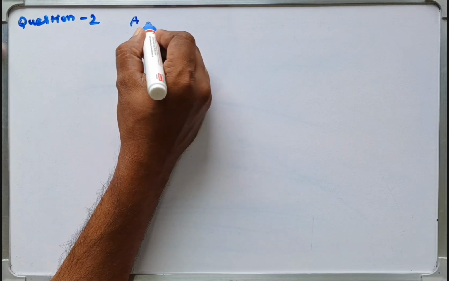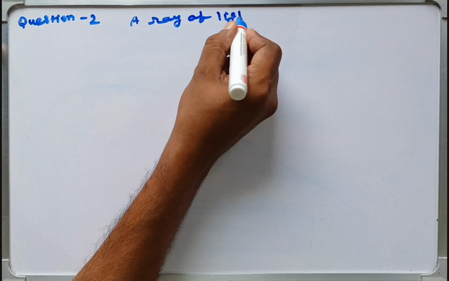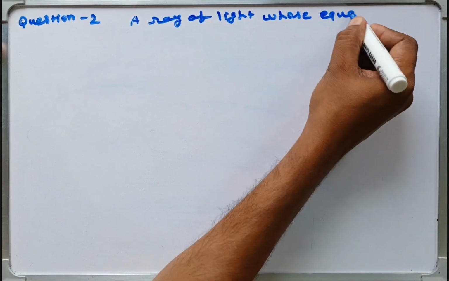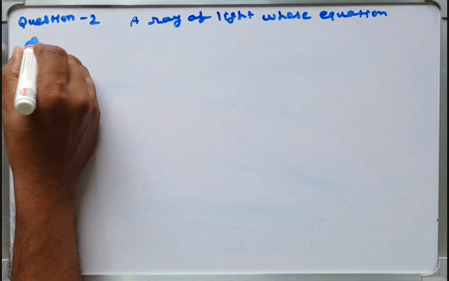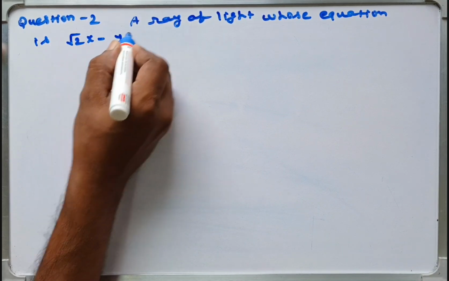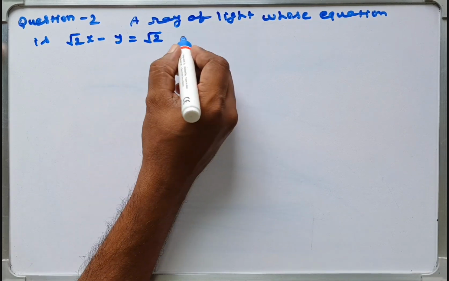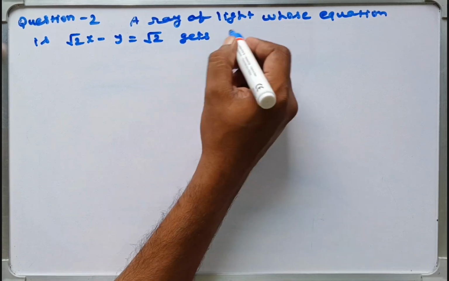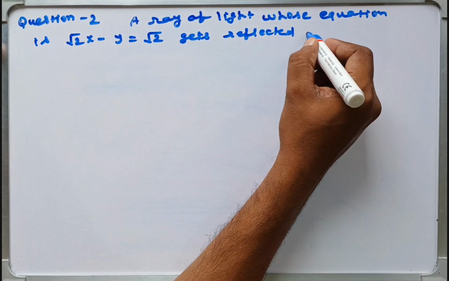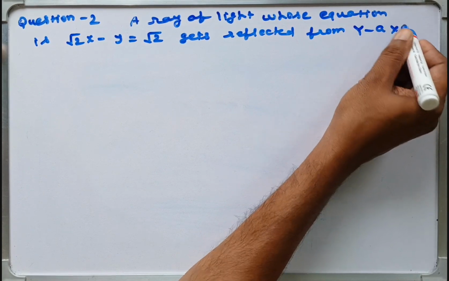A ray of light whose equation is root 2 x minus y equal to root 2 gets reflected from the y-axis.